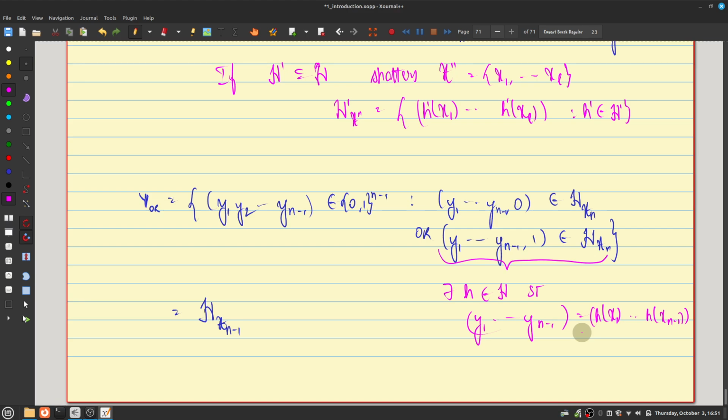Okay, but now this is a restriction again on n minus 1 elements. So I can again use the induction step.